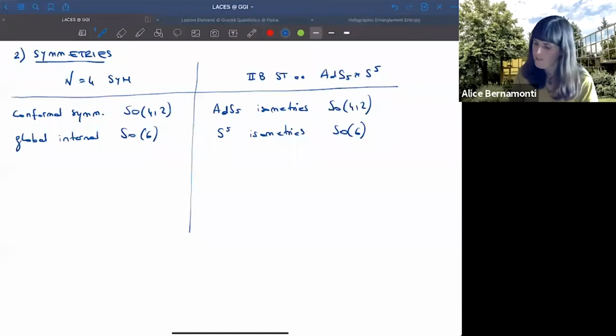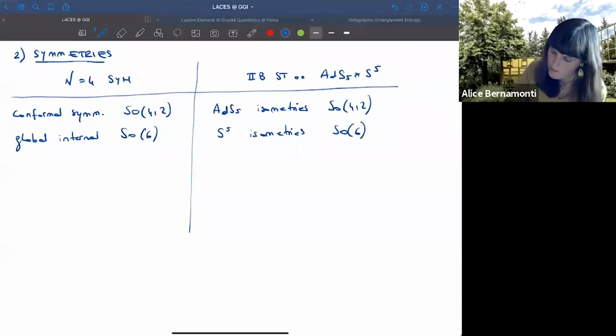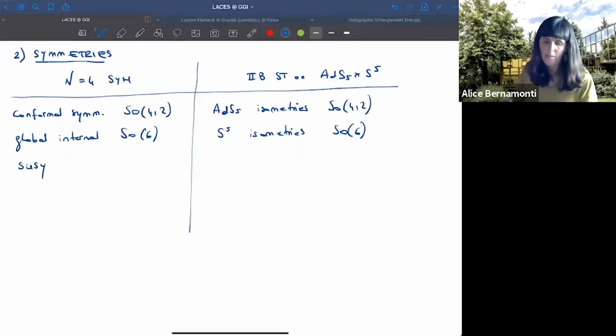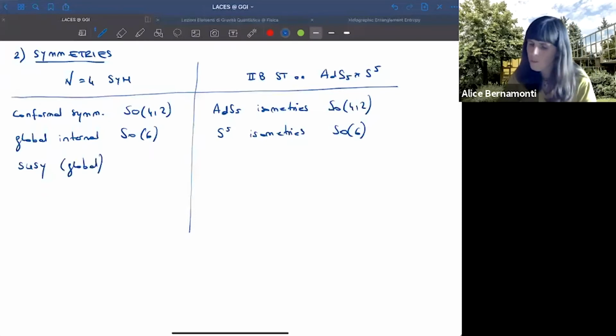And finally, we have supersymmetry. Let me not be too specific. In any case, we have global supersymmetry on the boundary theory, which relates to the same amount of local supersymmetry in the bulk.